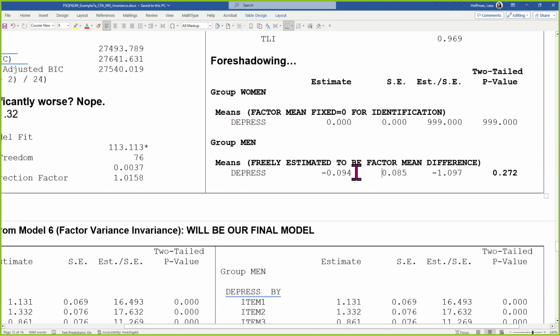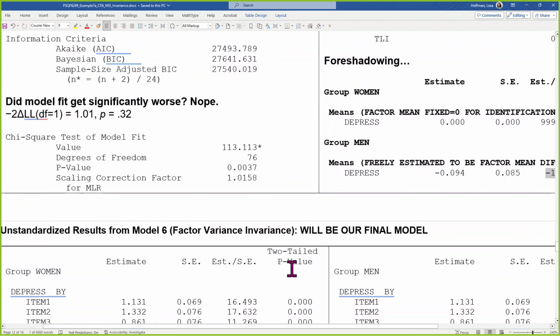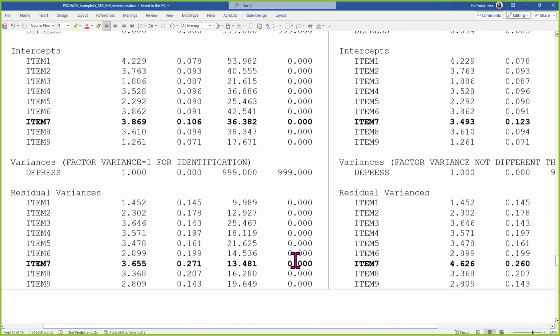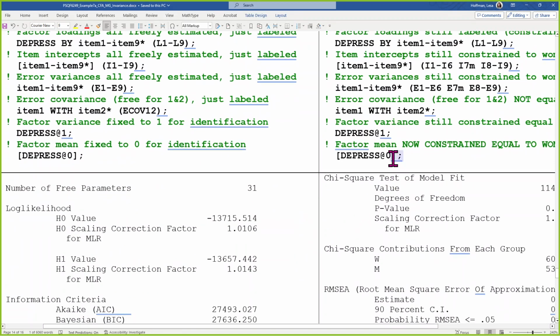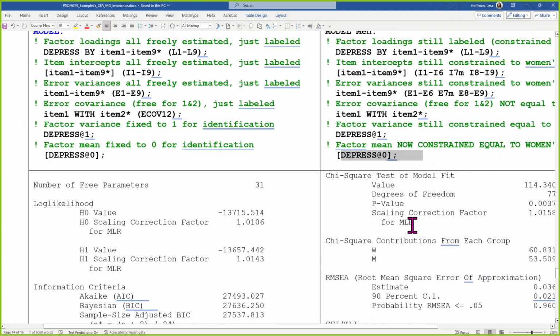So this is called a Wald test. Estimate divided by standard error is treated like a z-test statistic. You should come to the same result if you did the proper likelihood ratio test, too, which I believe I did next. Yeah, I did. I went ahead and did it for the sake of demonstration, constraining the factor mean to be 0 in the alternative group here.